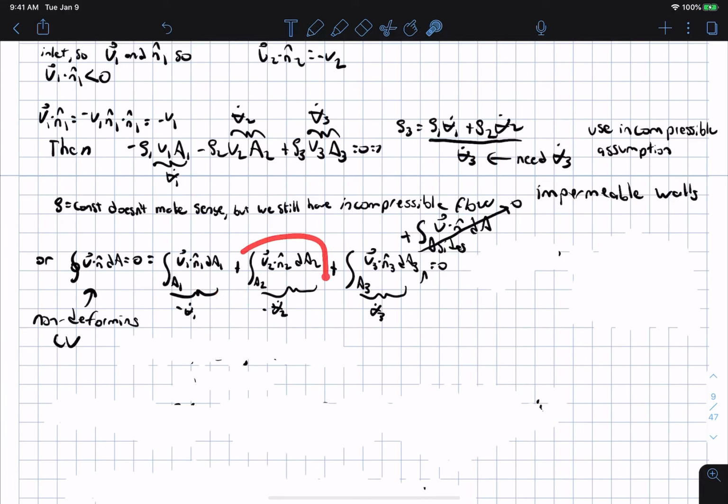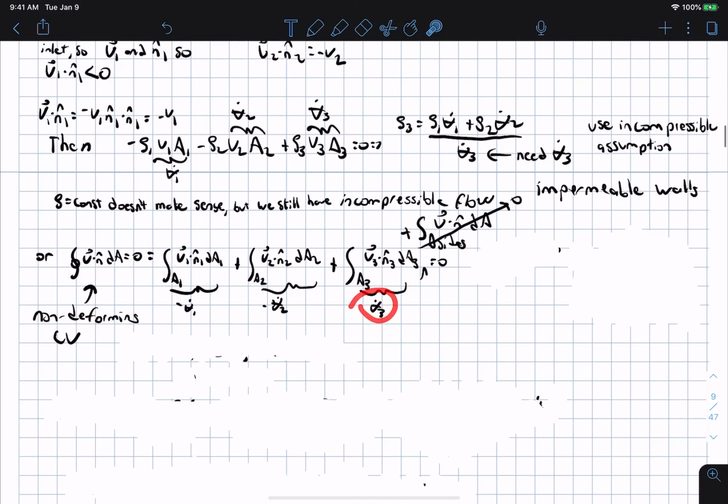Okay, and same thing for area 2, and same thing for area 3, and area 3 is an outlet, and basically v3 and n hat 3 are in the same direction, so we have a plus sign here.